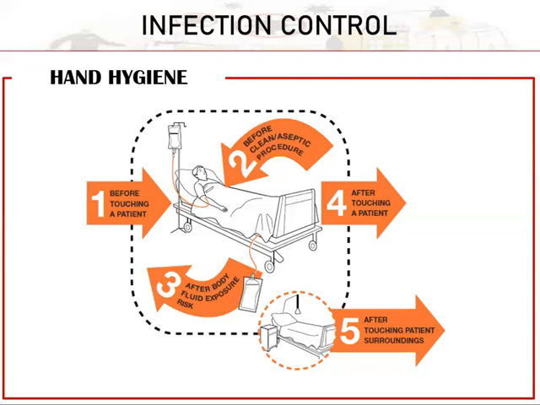And then, after touching a patient, number four, that's very important as well, because this is to protect ourselves. If ever you got an infection from the patient, by simple hand washing, you will not carry the disease to the laboratory. And then, number five, after touching patient surroundings.